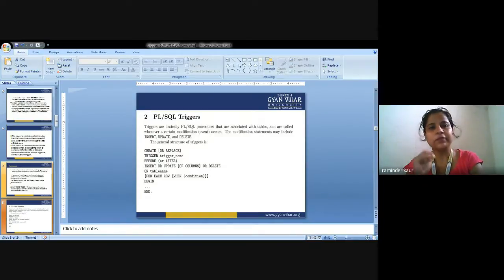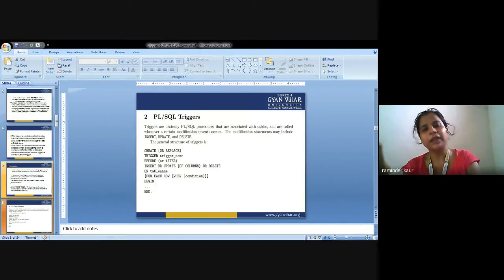The first one is declare. Statements are declared with the help of a semicolon. Begin: what could I begin? Executable statements that are to be executed. Exception: if we encounter any kind of exception, we are supposed to handle it. Next is end. We are supposed to mark the end.